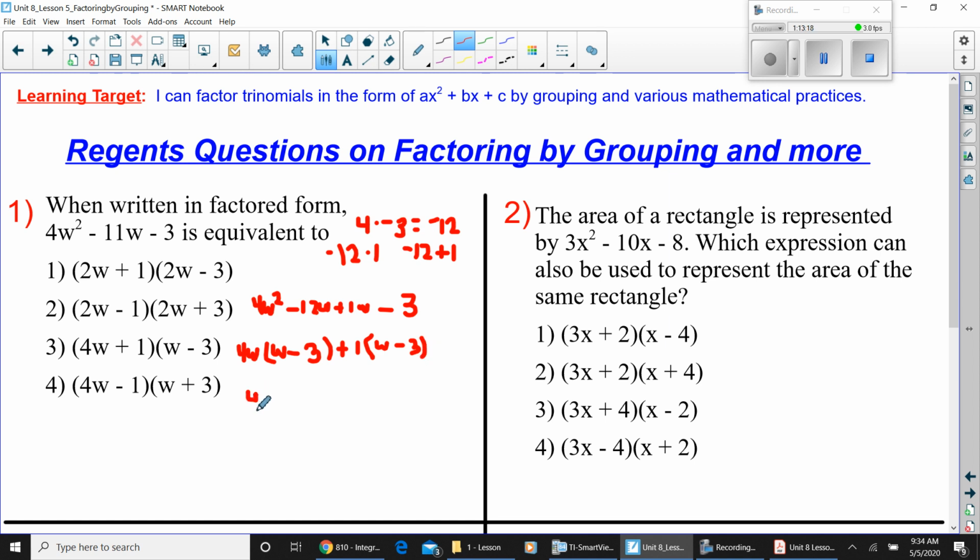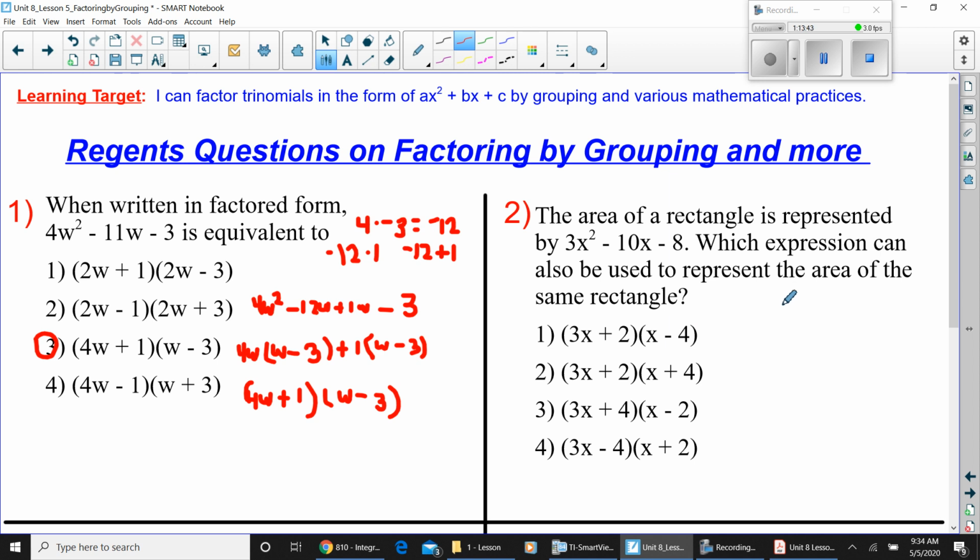So I have 4w plus 1 and w minus 3. And that's it. That's my answer.